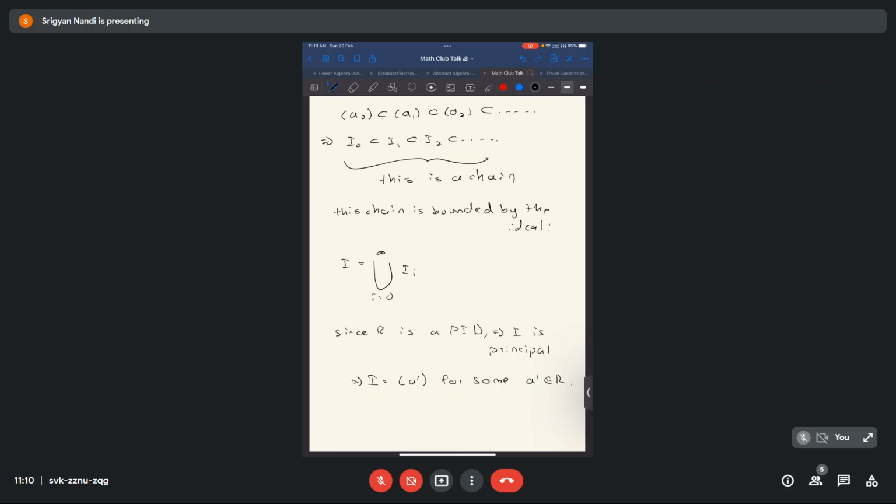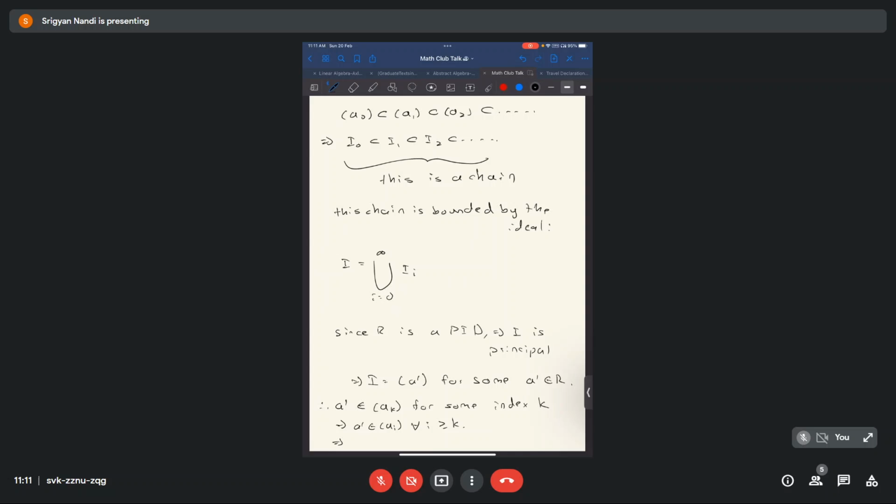Actually, wait, sorry, my bad. Since it is bounded, we have that A' belongs to Ak for some index k. It is bounded by this ideal, and therefore A' belongs to Ai for all i greater than or equal to k.